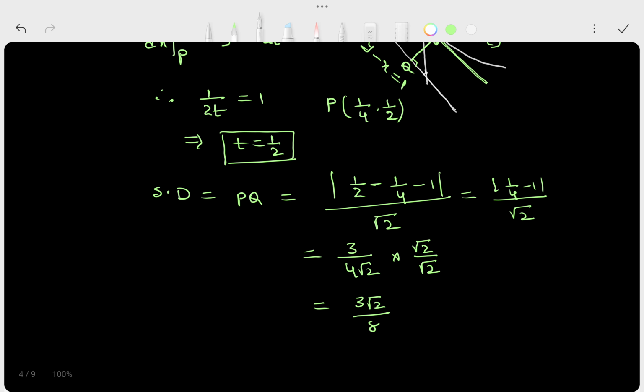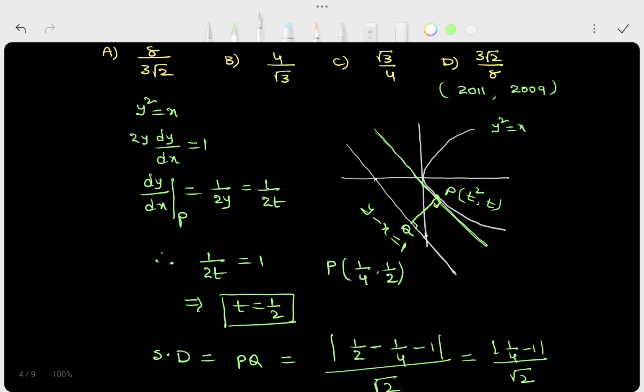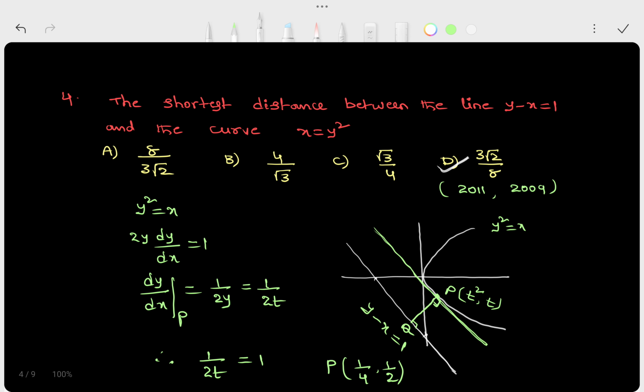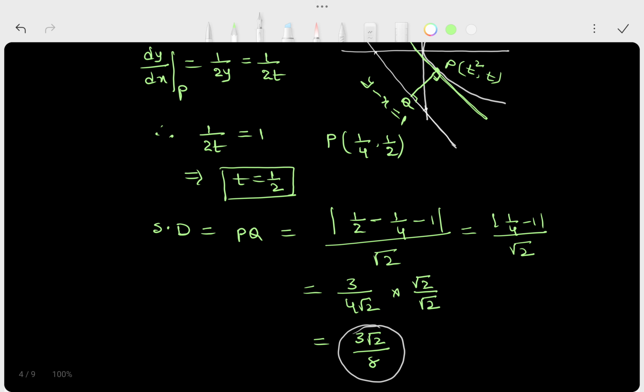This is the shortest distance between the given curve and the line. So your right answer is 3 root 2 by 8. Option D is the correct answer. This same question was asked in the 2009 and 2011 mains examination. So all of you do this one.